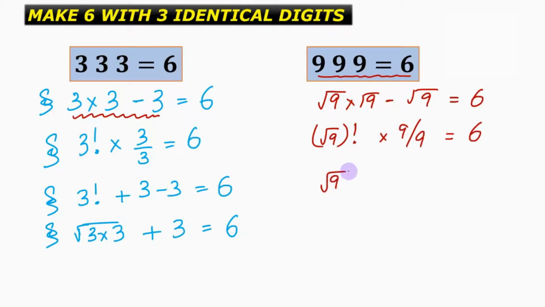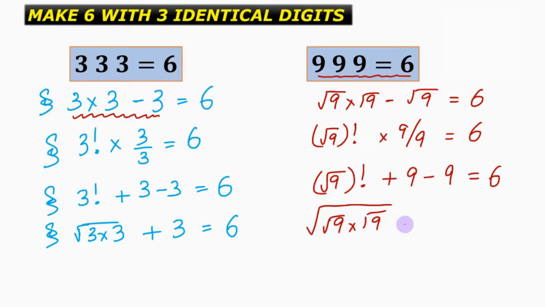Next, under root of 9 factorial plus 9 minus 9 will be equal to 6. And lastly, under root of 9 into under root of 9, whole under root, plus under root of 9 will be equal to 6. So these solutions are nothing but a modified version of 3, 3, 3 equal to 6.